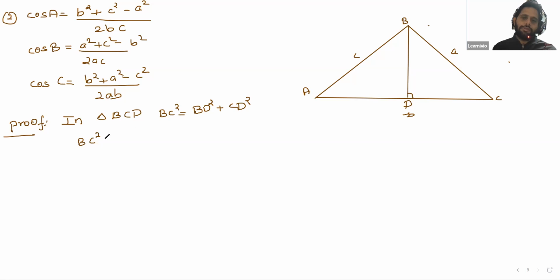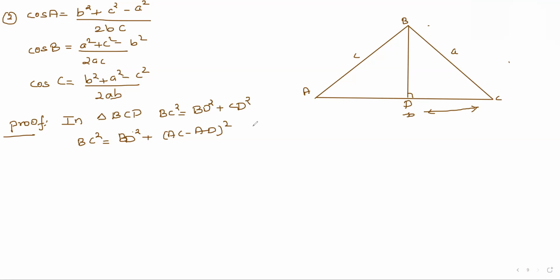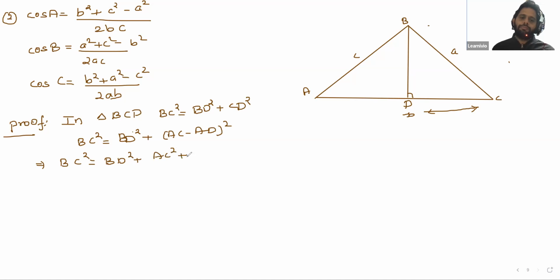Okay, BC square is equal to BD square plus CD square. Now in place of this CD, can we write complete AC minus AD? AC minus AD. Question, Uma, any doubt in this? No sir. Okay, next is BC square is equal to BD square, and open this formula. This will give you AC square plus AD square minus 2AC into AD.